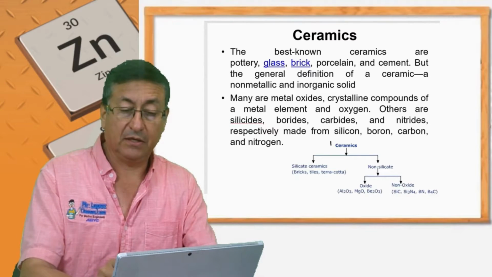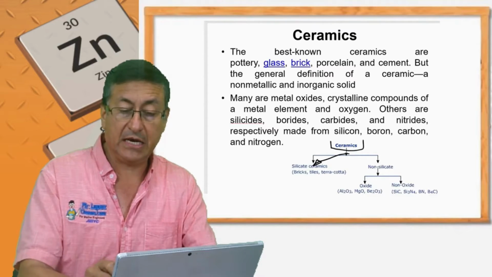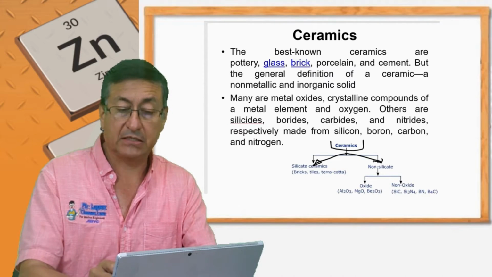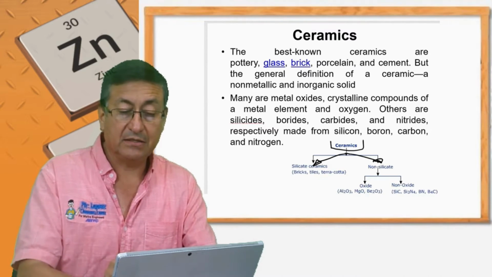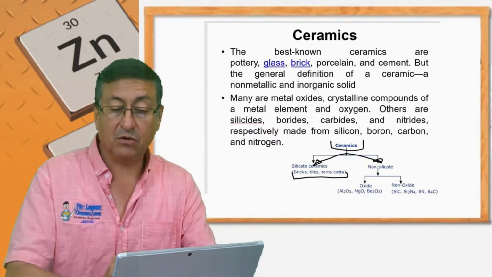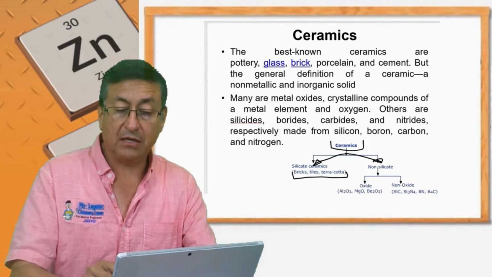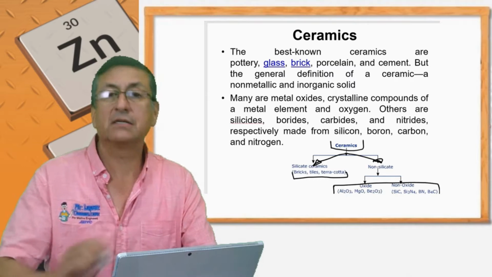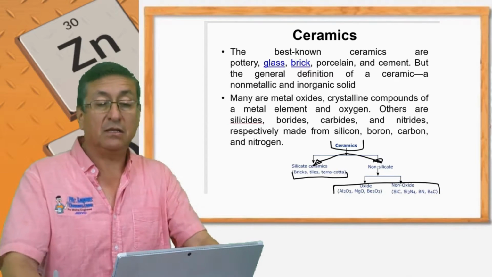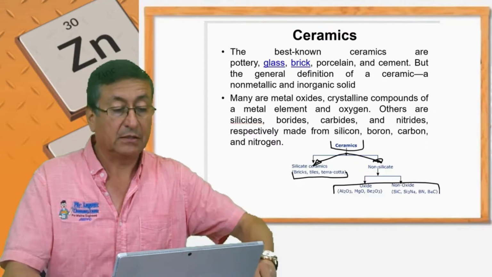This is the main division: silicates and non-silicates. The ceramics are divided in silicate ceramics, bricks, tiles, based on clay, and non-silicate, based on oxides and non-oxides. This is the main difference of ceramics.